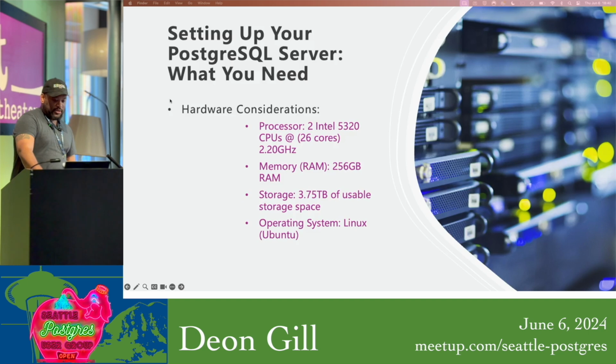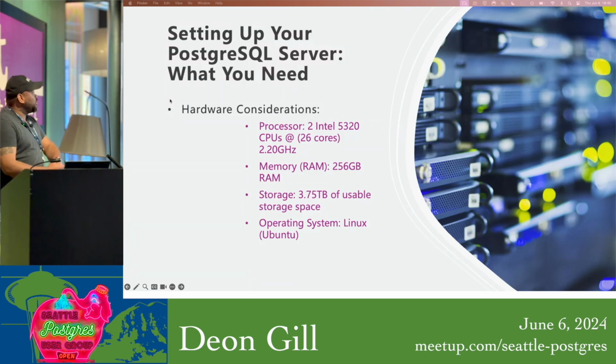So, setting up your Postgres server. Again, this is a disclaimer. What I have up here for consideration is what we're using for one of our heavy use databases. We're using 2 Intel 5320 CPUs, and they're 26 cores at 2.20 gigahertz.